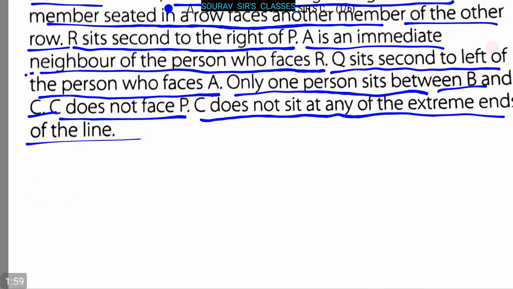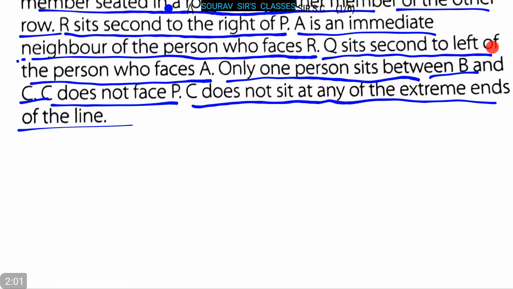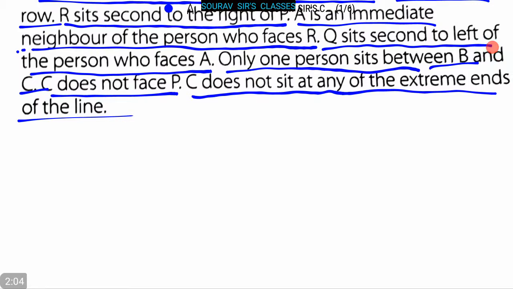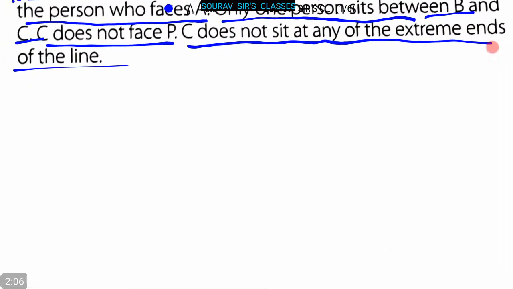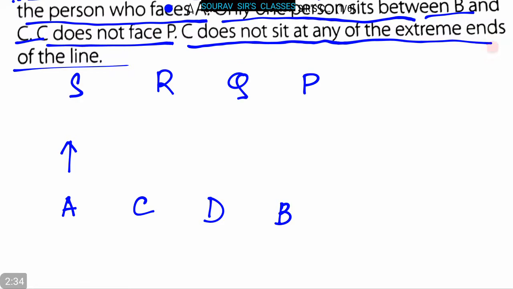Now, on the basis of this information, let's make the seating arrangement of the 8 people. So, with the help of the information, we can say that in row 2, A and B are at the extreme ends, and in the middle, C and D are seated, and in row 1, S and P are at the extreme ends, and in between them R and Q are seated.